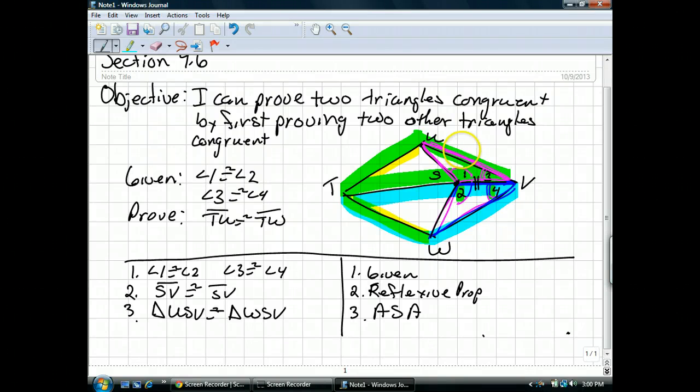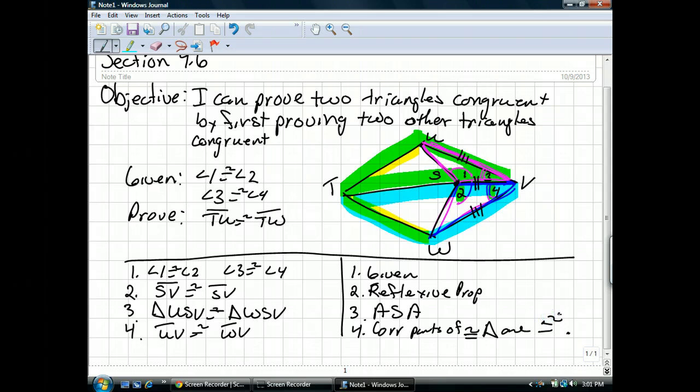Well, this one is congruent to this one. So I can say segment UV is congruent to segment WV, and that is by corresponding parts of congruent triangles are congruent.